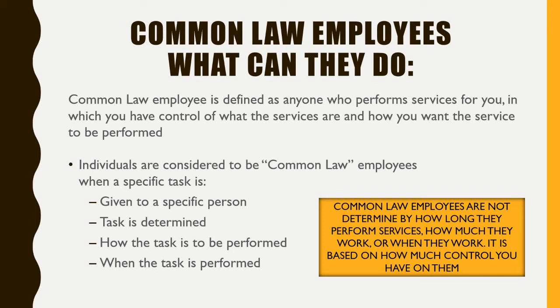That's how you determine what a common law employee is: they are told exactly what to do. For example, anybody that clocks in from 8 o'clock to 5 o'clock, and usually when you apply for a position, you're given a list of tasks and duties that they are limited to. They're not limited to do more than that unless it says right there there could potentially be additional tasks.